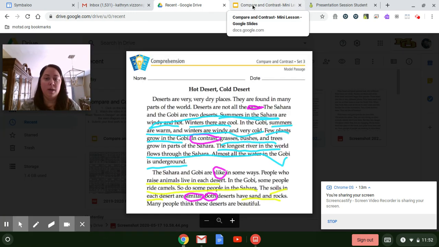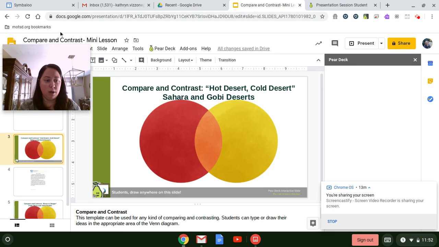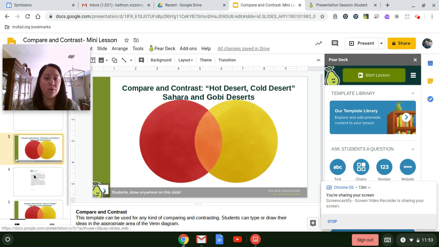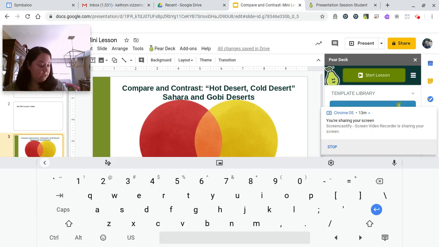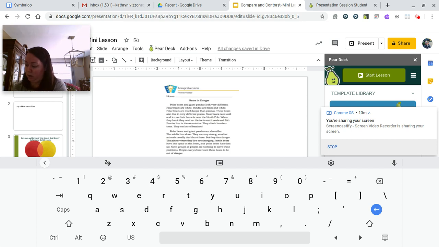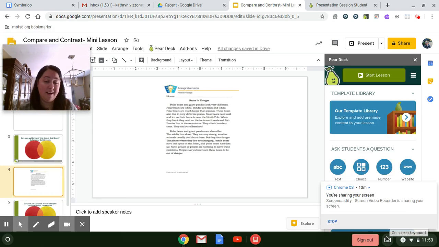What you are going to do is read this article called The Bears in Danger. You are going to be comparing and contrasting polar bears to panda bears. Yes, polar bears and panda bears.